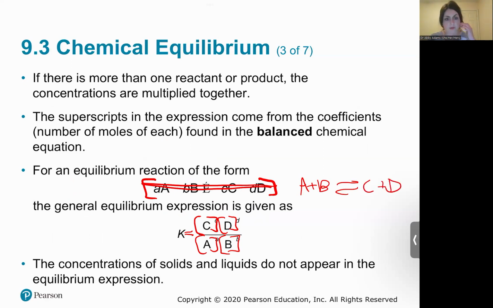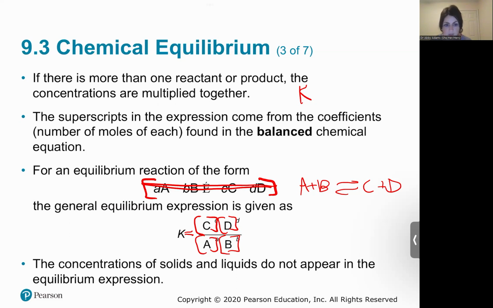Okay, so what I was saying earlier, we were talking about K, the equilibrium constant, that if there is more than one reactant or product, the concentrations are going to be multiplied together. So you can look at the equations on this PowerPoint. The superscripts in the expression come from the coefficients, or number of moles, in a balanced equation.